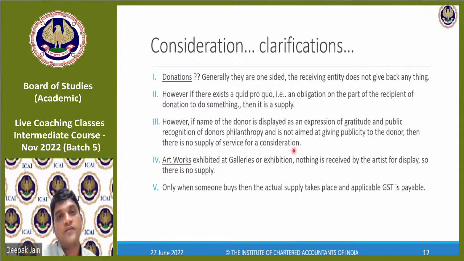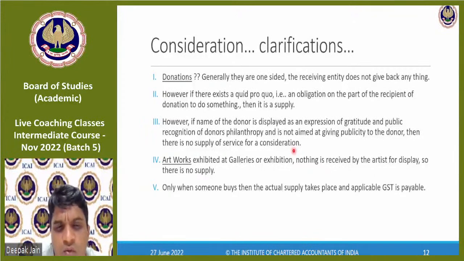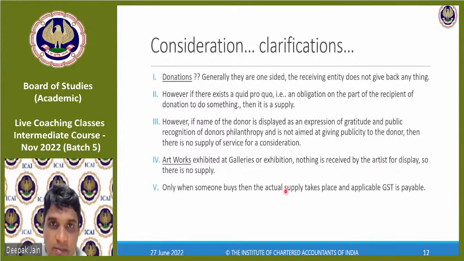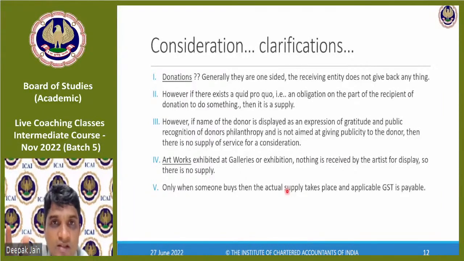Another example of quid pro quo and consideration is artworks. When the artworks are exhibited at galleries or exhibitions, say I'm an artist. An artist gives his artworks to sell or display at an exhibition, and he gets nothing. So there is no supply. If he gives something and he gets something in return, then there is a quid pro quo.